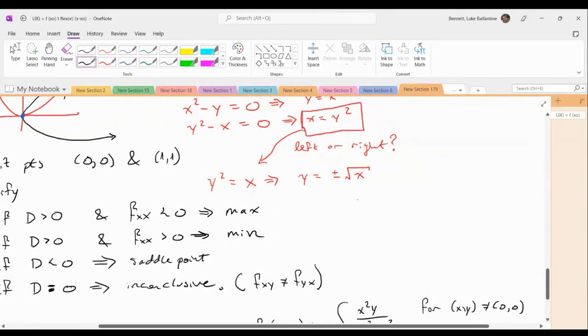So this, fxy equals fyx, is actually something called Clairaut's theorem. I have to look up the spelling. Clairaut. So this is Clairaut's theorem.